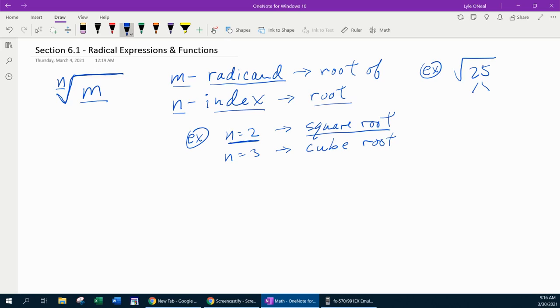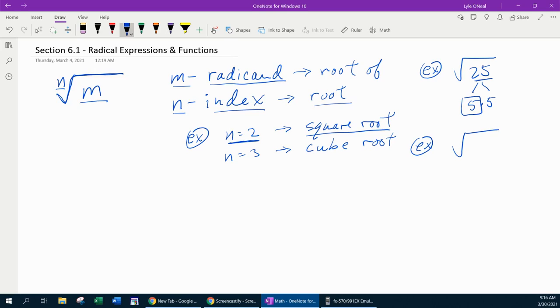The index indicates the number of identical factors you need to make the radicand. The two identical factors that multiply to make 25 are 5 and 5, and therefore the square root of 25 is 5, because 5 times 5 makes 25.